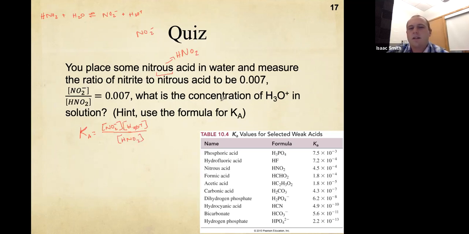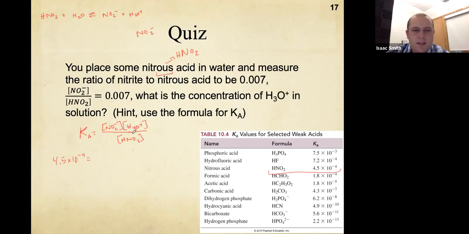Okay, it wants us to calculate the concentration of H3O plus. Well, we know Ka because we have this table here. If we find nitrous acid, that's right here. So we can plug in our Ka value. So we have 4.5 times 10 to the negative 4 equals this.